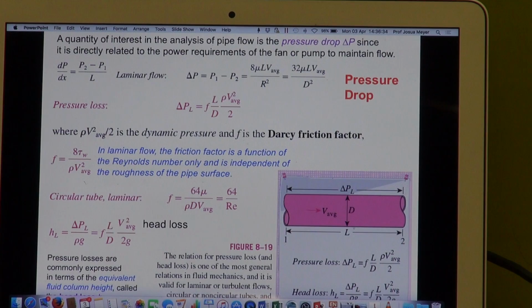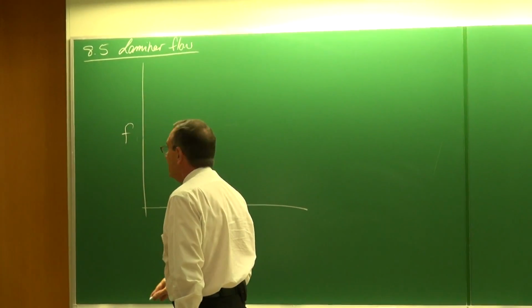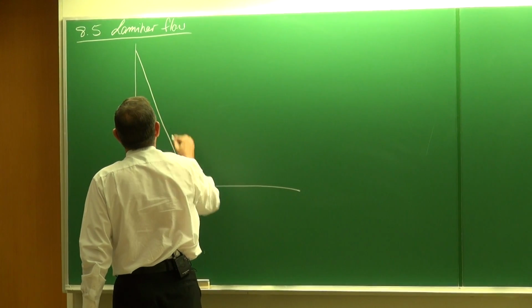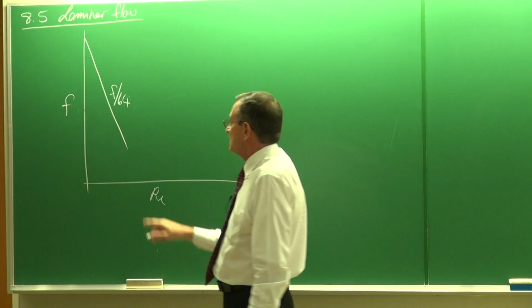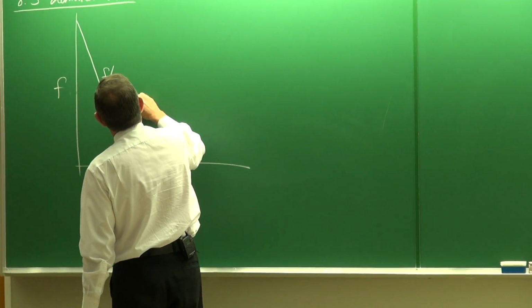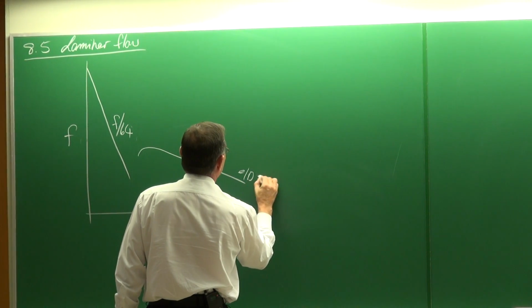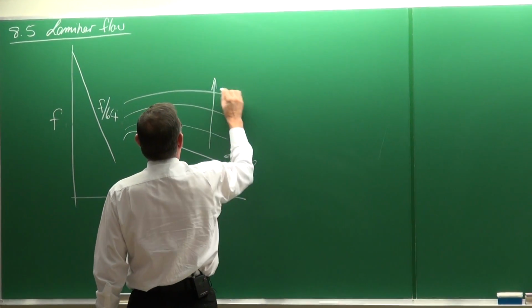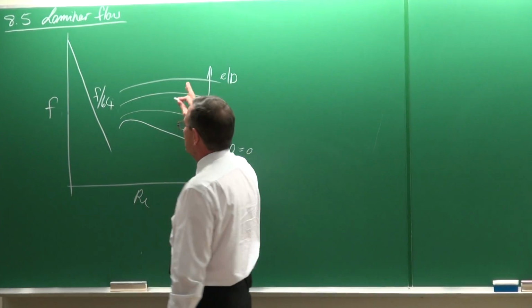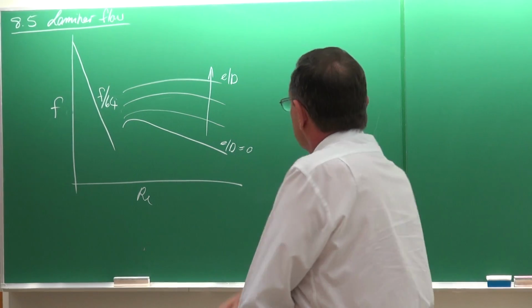So if you think of a Moody diagram as the friction factor as a function of Reynolds number, then that is the line for the friction factor for laminar flow, and then we had the line here for a smooth tube, epsilon divided by D equal to 0, and then we had all the other values here depending on how the surface roughness increases.